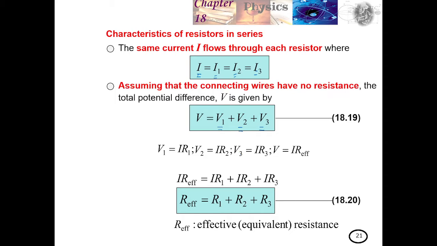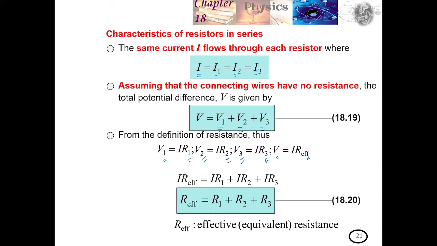So for the definition of resistance, V equals IR, this is Ohm's law. V1 equals IR1, V2 equals IR2, V3 equals IR3, and V equals I R effective. So I R effective equals IR1 plus IR2 plus IR3.